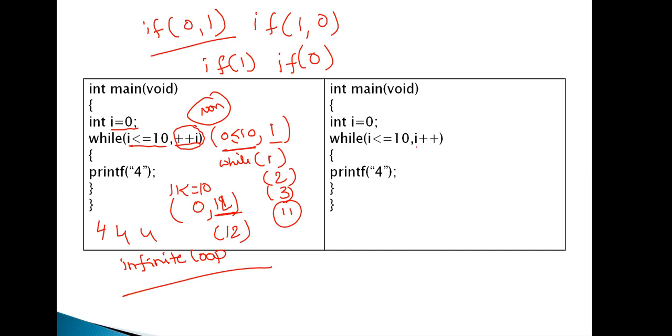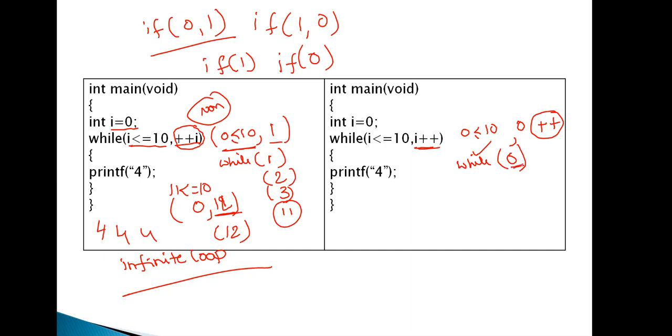Exactly. Instead of pre-increment, here you are using post-increment. Check the condition. 0 less than or equal to 10, okay, comma, i plus plus. What is the i value? 0 plus plus. This is the post-increment. Everyone knows, in pre-increment, it first performs the increment and then performs other operations. But in post-increment, it performs the operation first. That means this is while of 0.